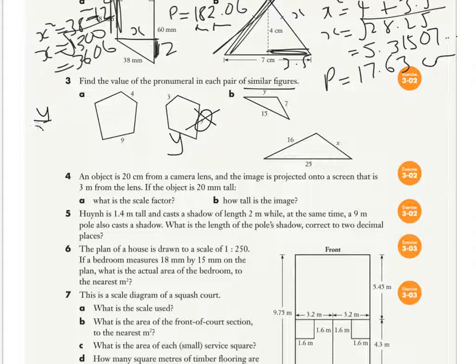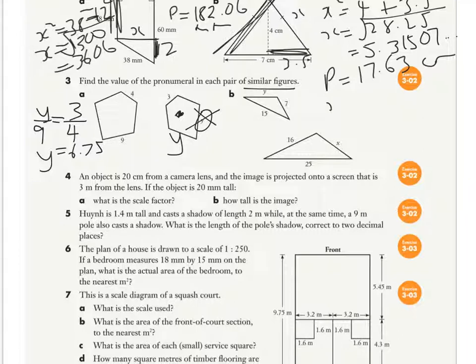Its matching side is 9, so that ratio must equal the other ratio, which is 3/4. It must be in the right order. We use this shape first, so it must be on the top for each. Now to get rid of divide by 9, we times by 9. So 3/4 times by 9 gets us 6.75.